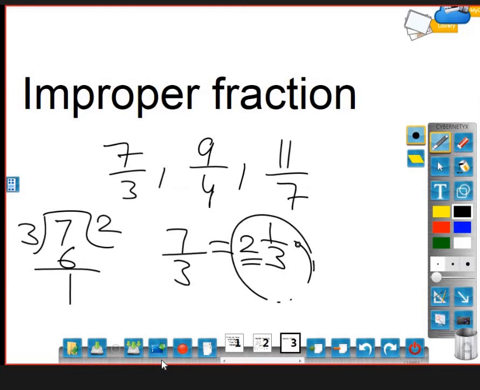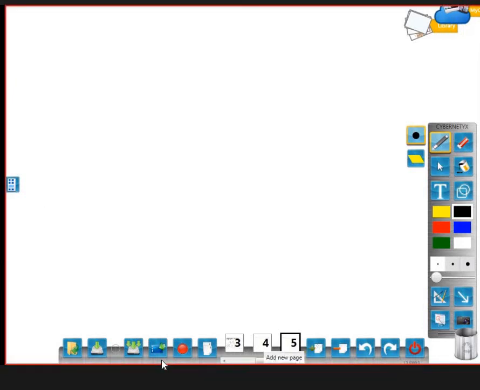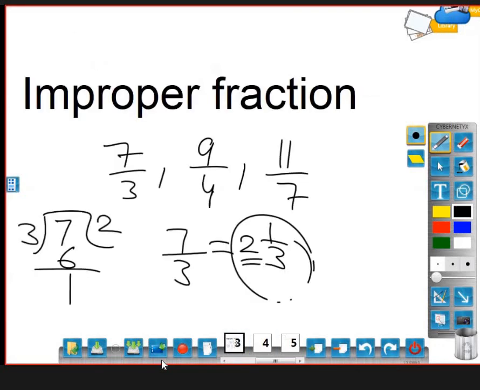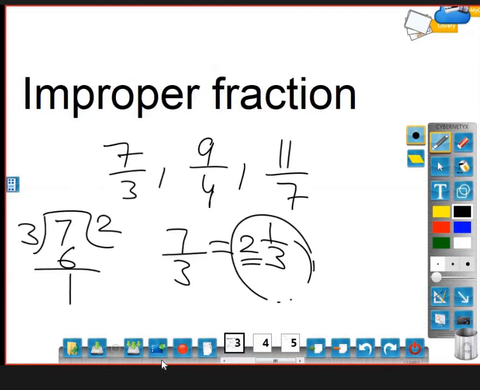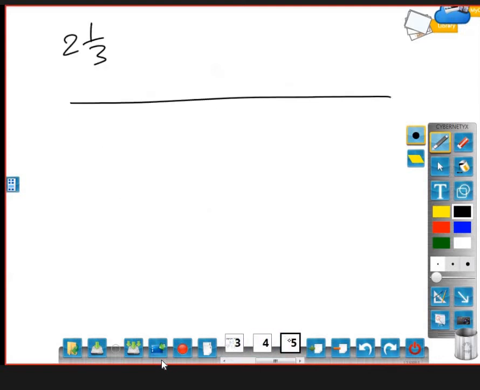Now how can we show it? We take the number line for 2 1 by 3, or 7 by 3.